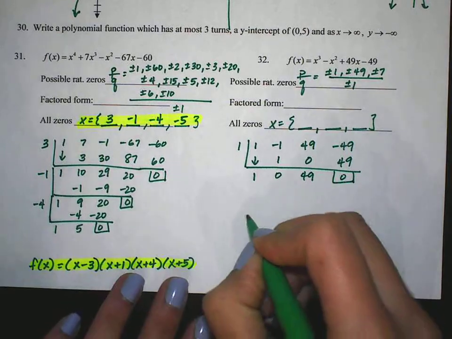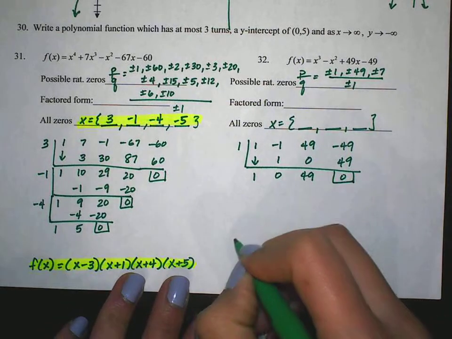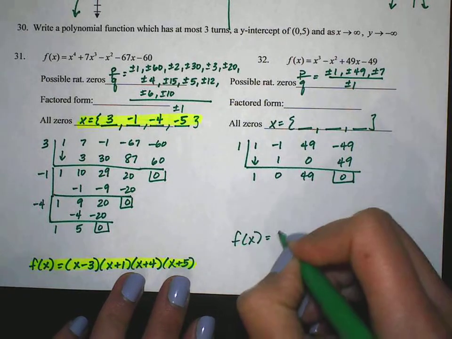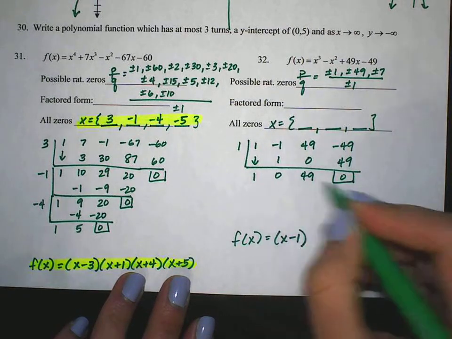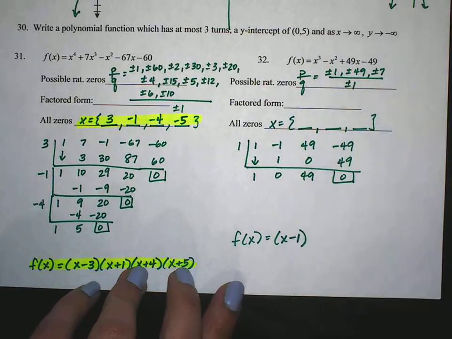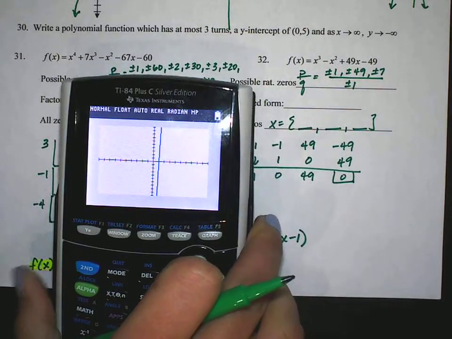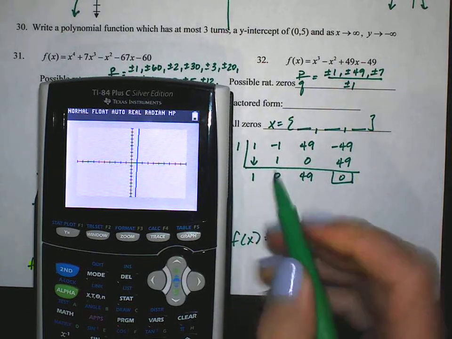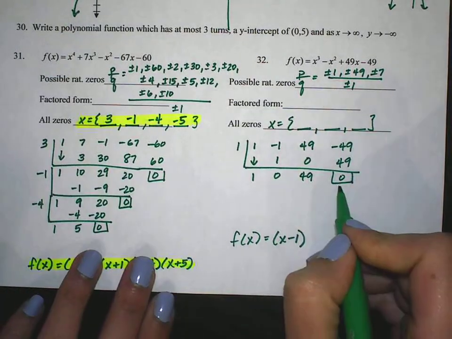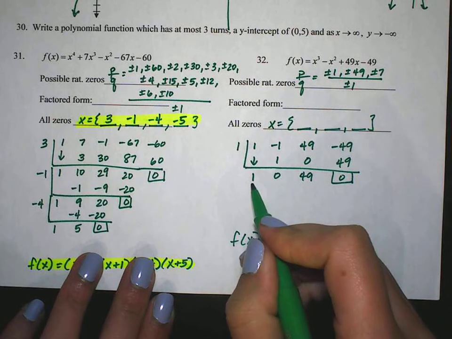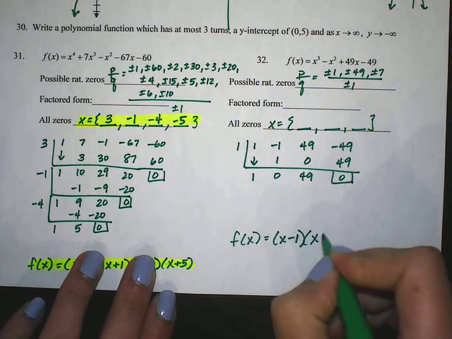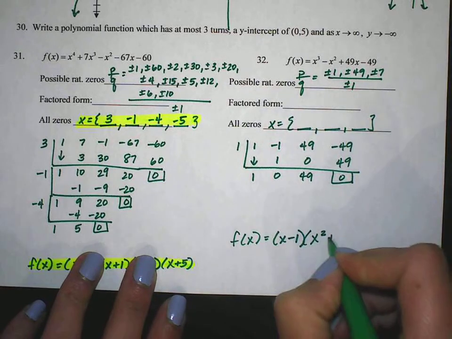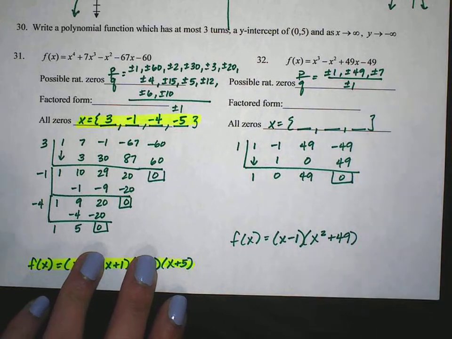Okay, so my factored form. Since I used positive 1, my factor is going to be x minus 1. Okay, and I don't have any other x-intercepts to use, so this is going to be my other factor. Remainder, constant, x is x squared. So I have 1x squared, no x's, so I don't have to write any x's down, plus 49. There's my factored form.